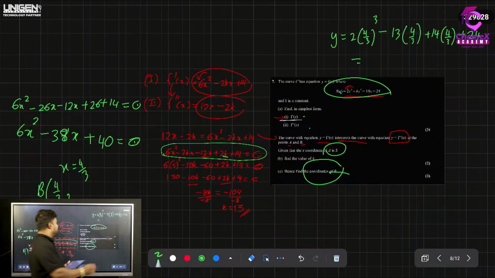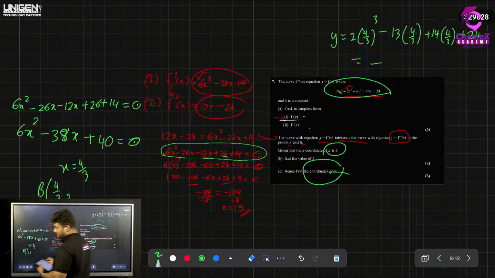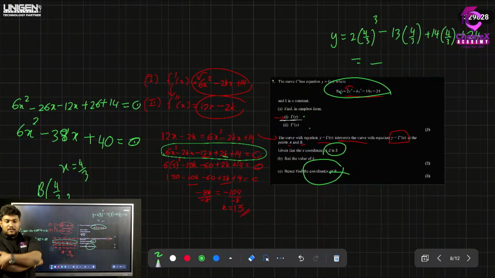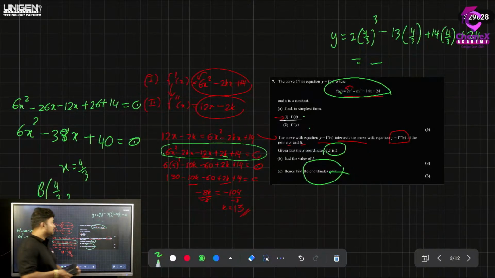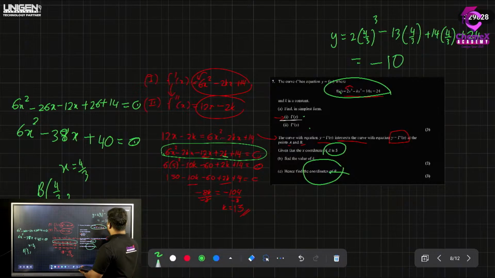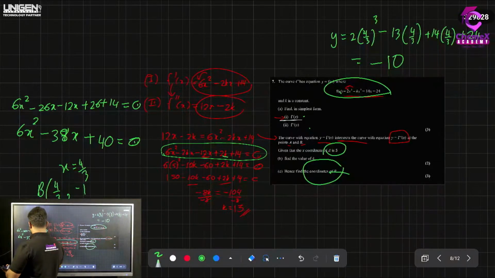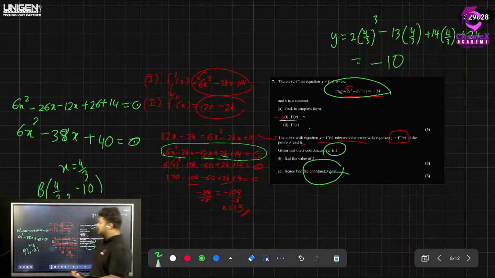Minus what? What's it gonna be? Minus 10. So the coordinate is 4 over 3 comma minus 10.